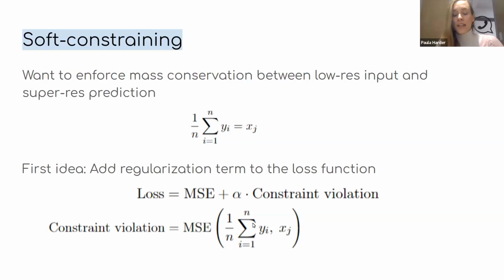So for example, the MSE, and then we need the mean, of course, over all the input pixels xj. So we have this constraint violation term for each input pixel, but here just showing it for one pixel as an example, and then minimizing our loss also penalizes the constraint violation.